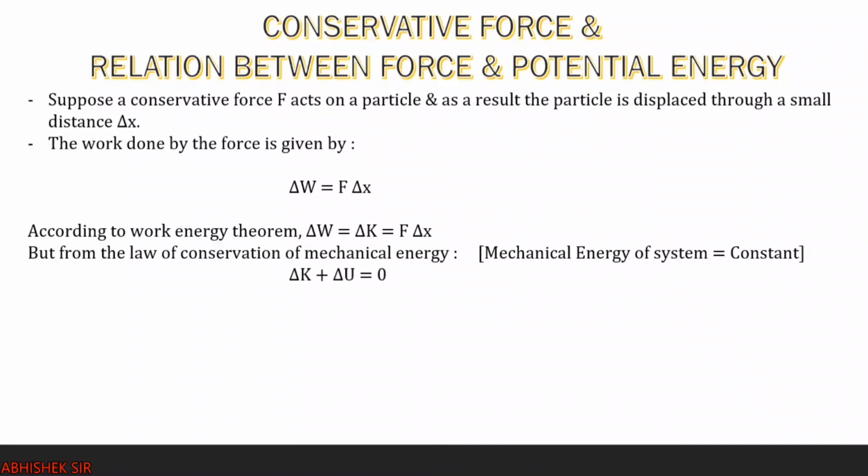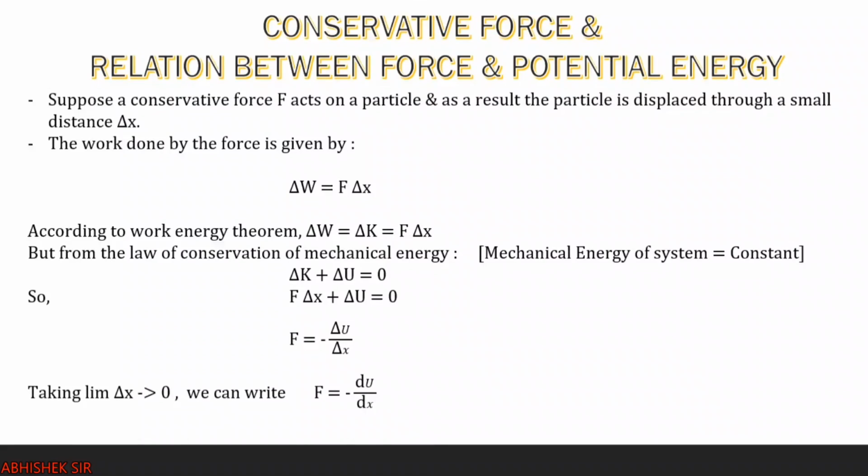So we can write, based on the law of conservation of mechanical energy, that delta K plus delta U equals 0. Now if we put delta K as F delta x, our equation becomes F delta x plus delta U equals 0. Taking delta U on the other side and delta x on the other side, we have F equals minus delta U upon delta x. Just remove this delta by taking the limit x tends to 0.